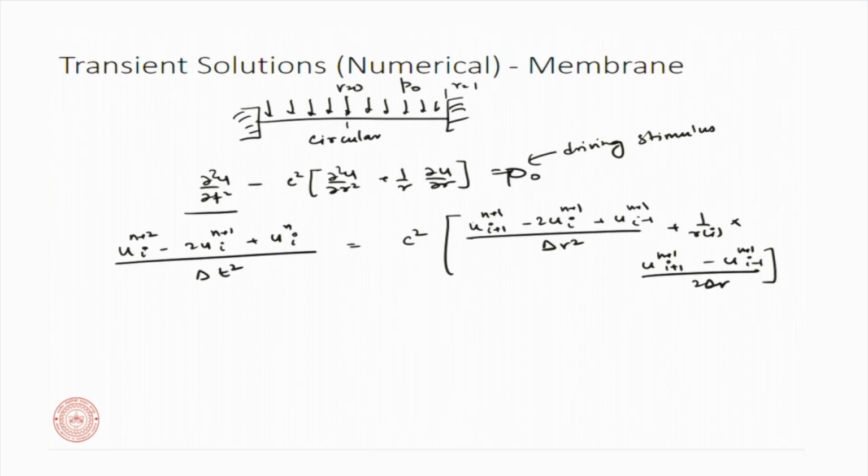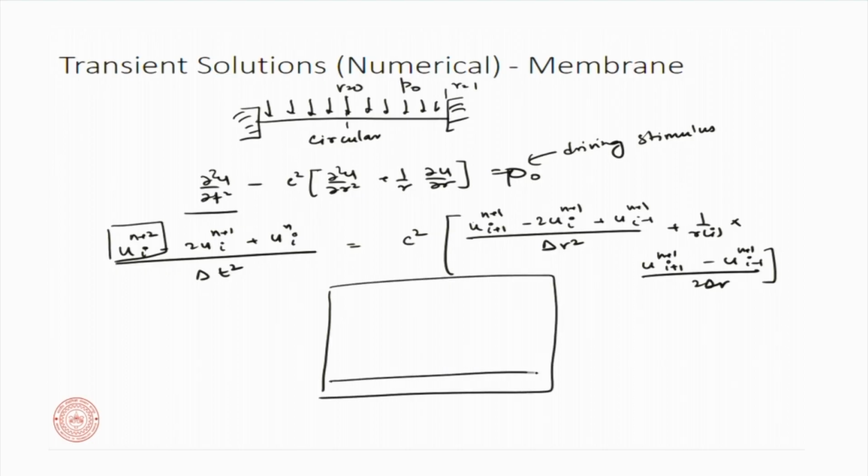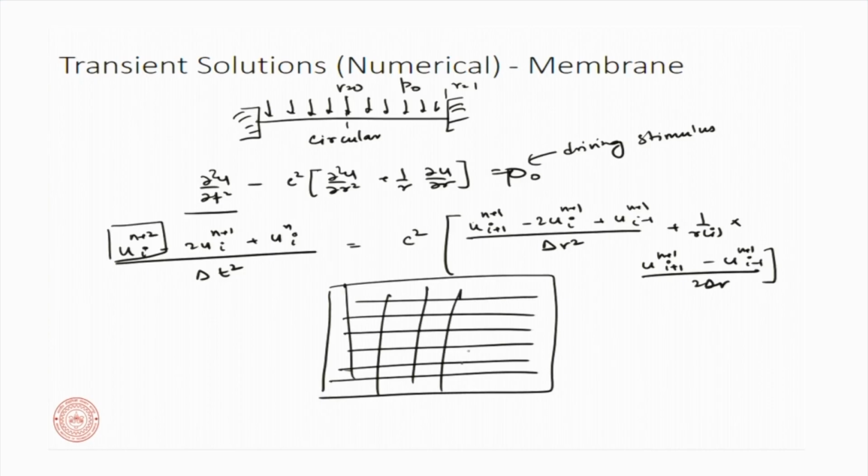All right. So what is our requirement? This is our requirement. Again, if I can draw this for this case. So this is our matrix for U. Okay, this is your r dimension, this is your t dimension. The first and second time steps will be driven by our initial conditions. So at the first time step we know that u for all r values is equal to 0, and ∂u/∂t at t equals 0 is 0.